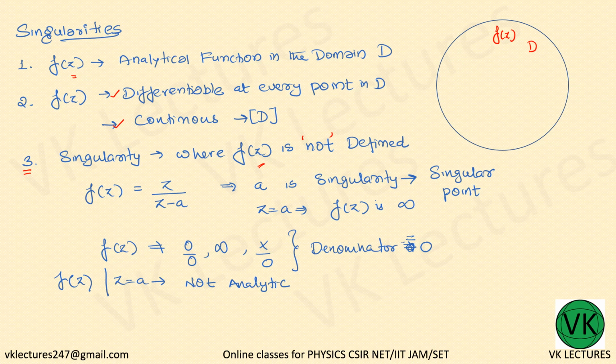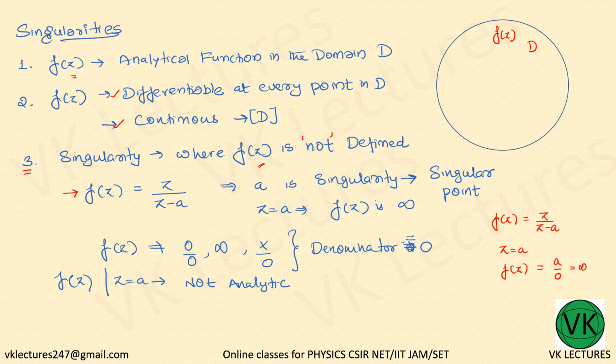Take the example of f of z equal to z by z minus a. Now at z equal to a, our function f of z will be equal to a divided by 0, which is equal to infinity. Now this cannot happen because it is not continuous at a point.